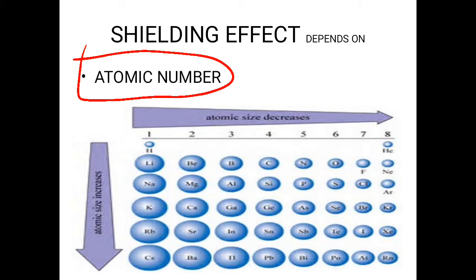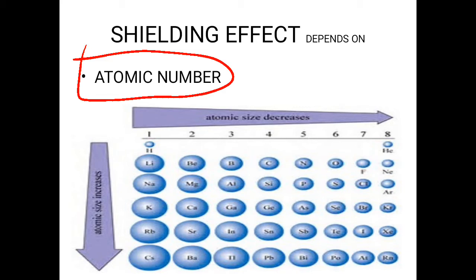How are they related? Because atomic number means the number of protons in the nucleus, but at the same time, for a neutral atom, the number of protons is equal to the number of electrons. It means more atomic number, more electrons in their shells. So the shielding effect is clearly dependent on atomic number.